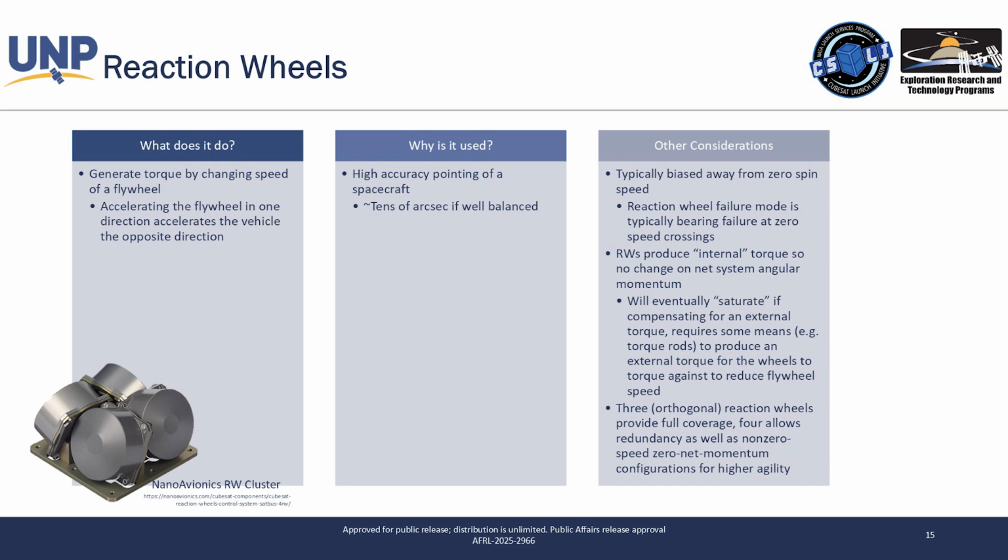Eventually you saturate, so you need to constantly dump momentum, or let them get close to saturation and then get rid of all of that momentum with thrusters. Reaction wheels also are a wear-out mechanism. Eventually they will break. We have not generally seen that in CubeSat, SmallSat land, because our spacecraft lifetimes are usually shorter than the reaction wheel lifetimes.